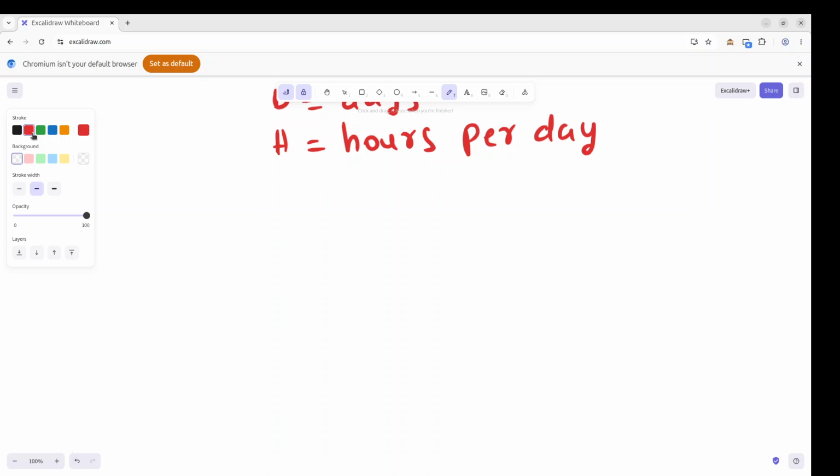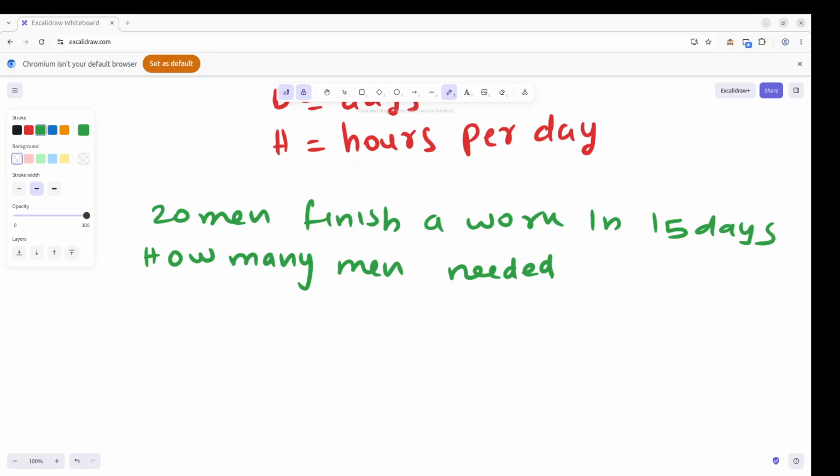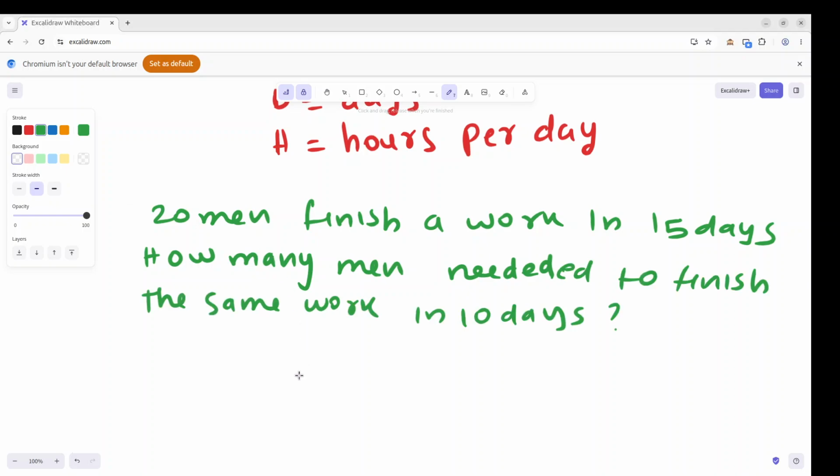Let's look at an example. 20 men finish a work in 15 days.